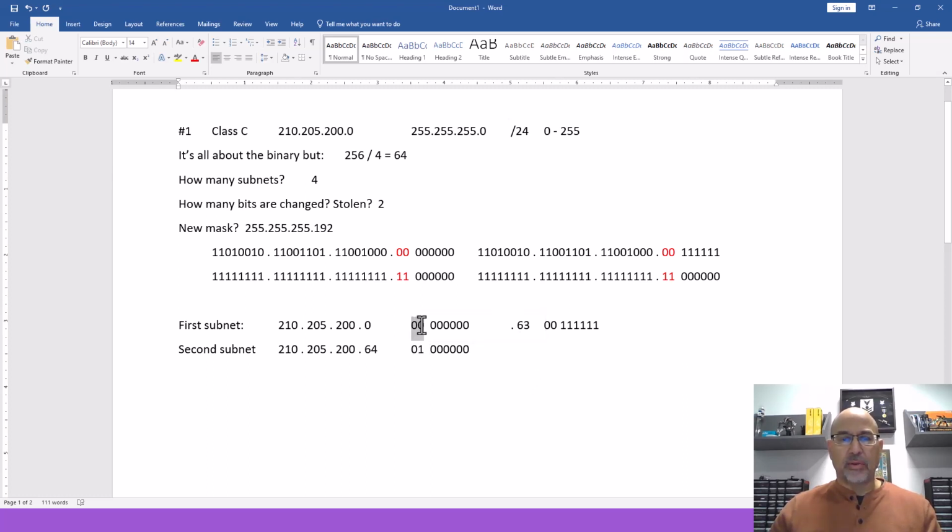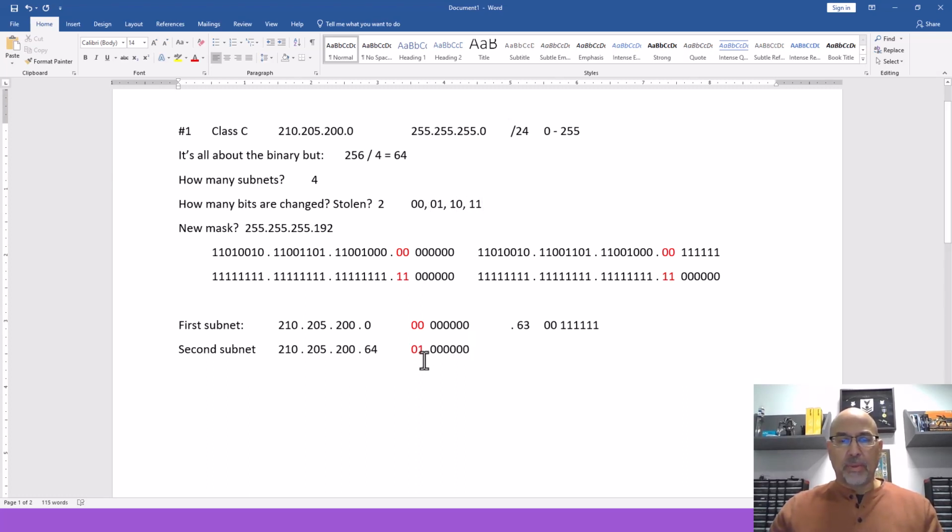So here's the subnet field that I've been dealing with. And look at that. 64 has the next possible value of that 2-bit pattern. So maybe I'll put those up here. 00, 01, 10, 11.